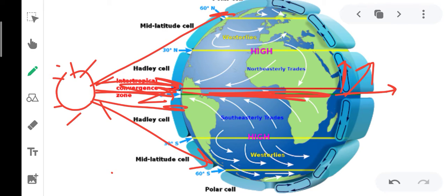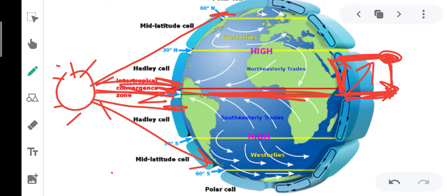To compensate for the gap caused by the upward movement of warm air, cold air comes in. The air will move in the upward direction. This will travel in this direction, and after traveling some distance, it will cool down, it will condense and it will cause precipitation in this area.